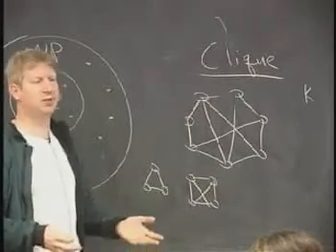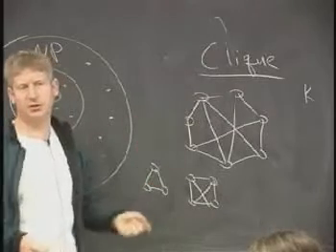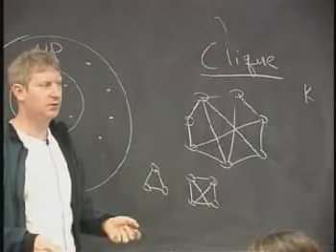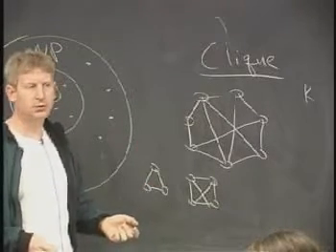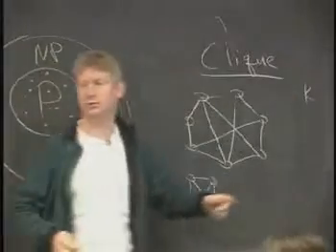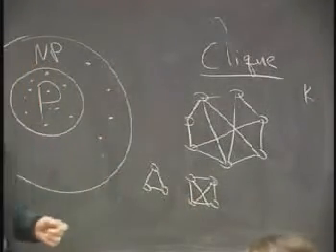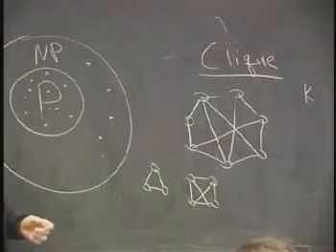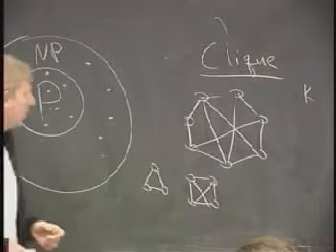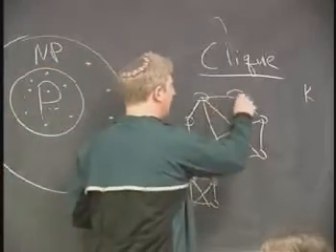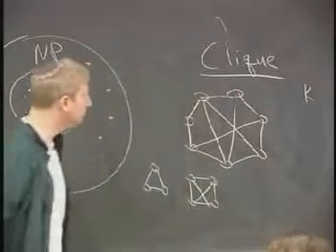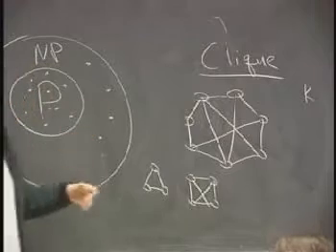But let's not talk about the deterministic version. Let's talk about the non-deterministic version. How do you solve this non-deterministically in polynomial time? You're trying to find a clique of k or more. K is given to you.